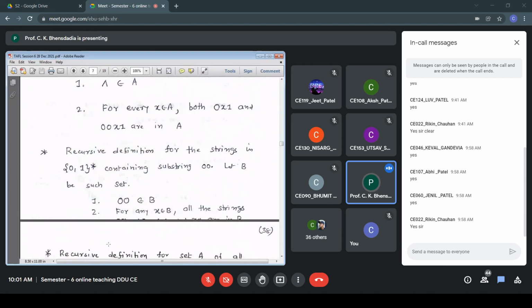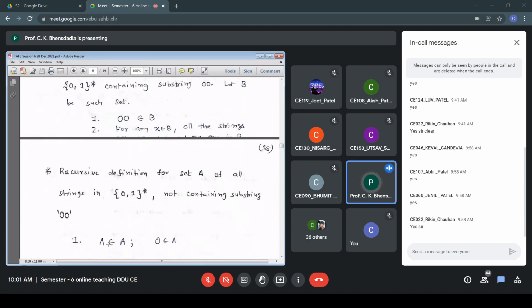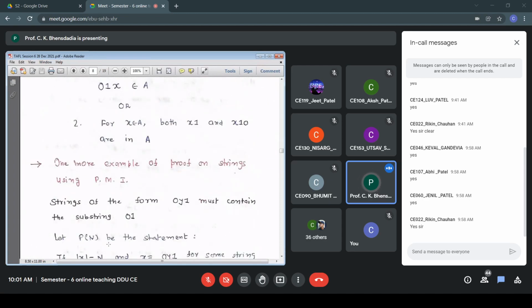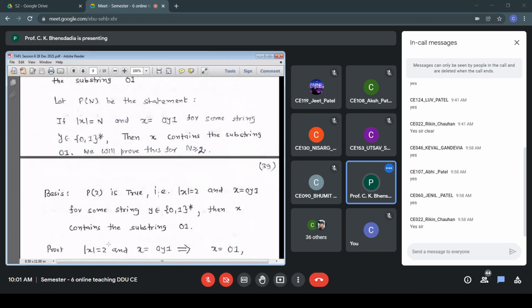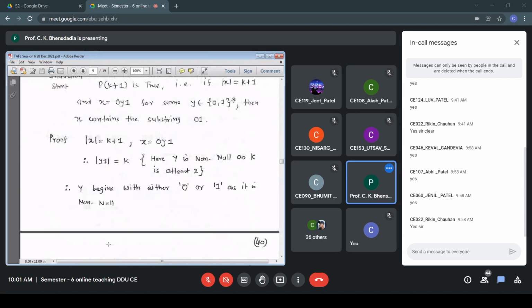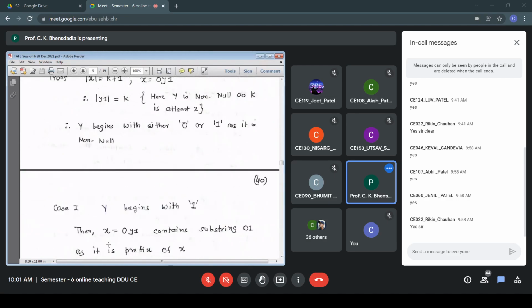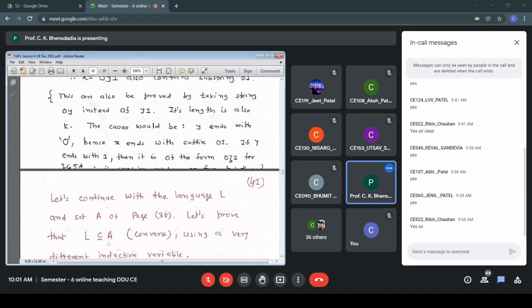Converse of the statement, L to be a subset of A. So that's a converse statement, proving using a different induction variable.